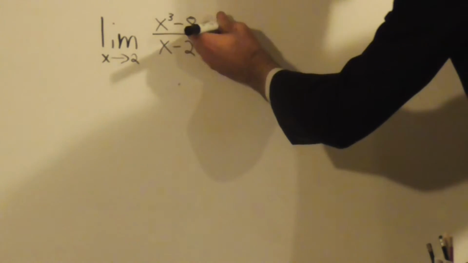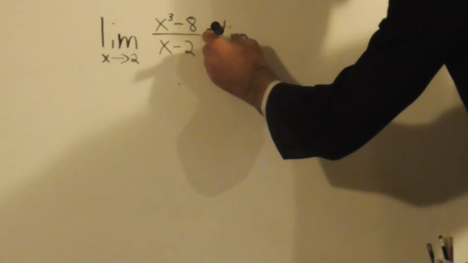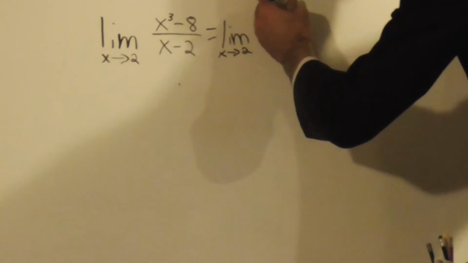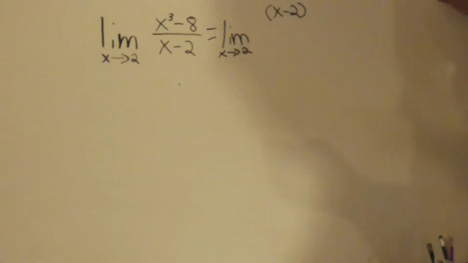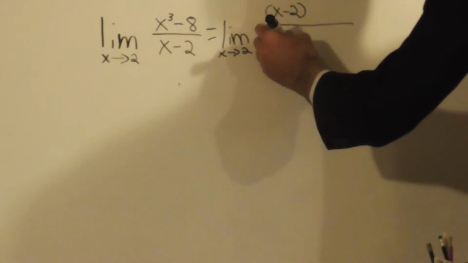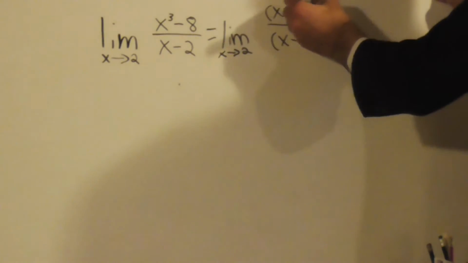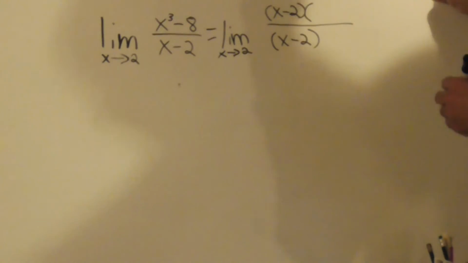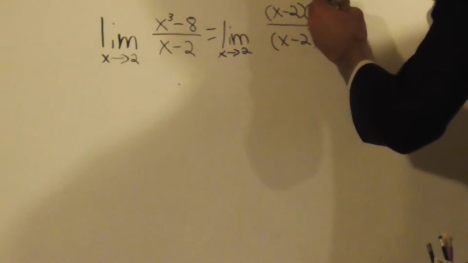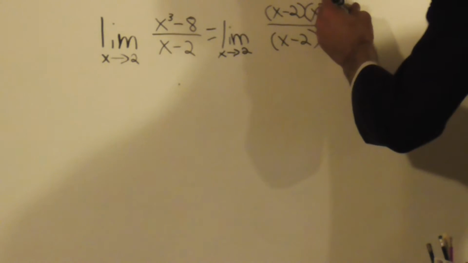We have the limit as x approaches 2, and in the numerator we have x minus 2, because we're going to cancel that out with the x minus 2 in the denominator. So we have x minus 2 there. And then x minus 2 in the numerator is being multiplied by the quadratic x squared plus 2x plus 4.